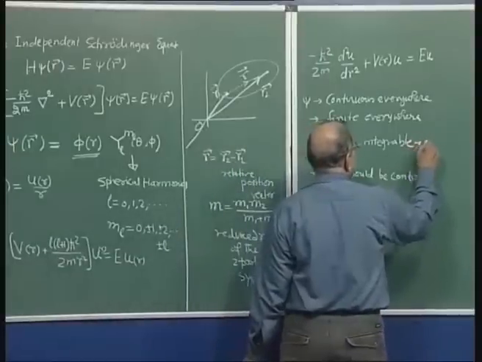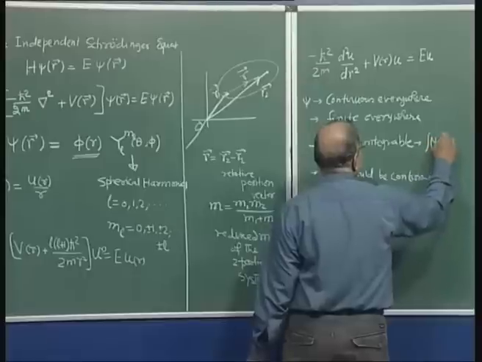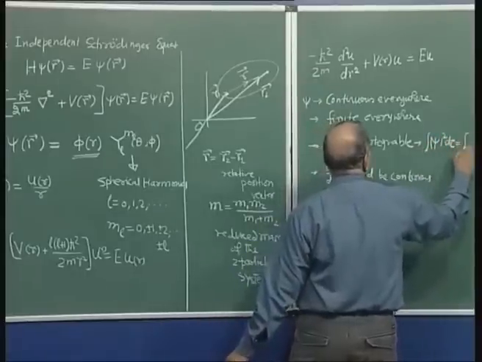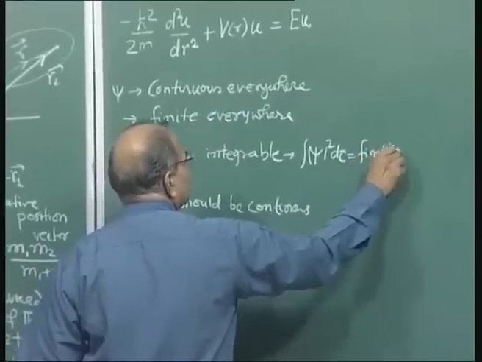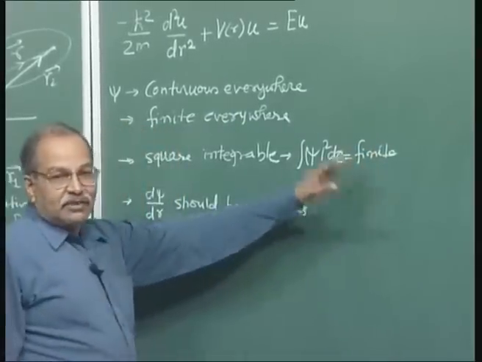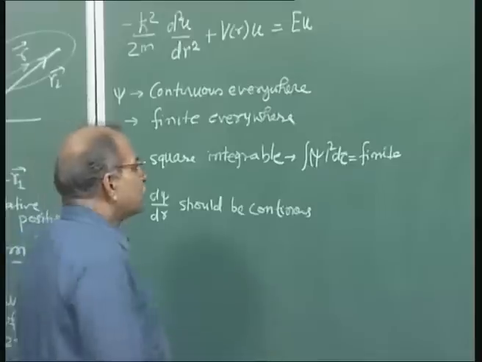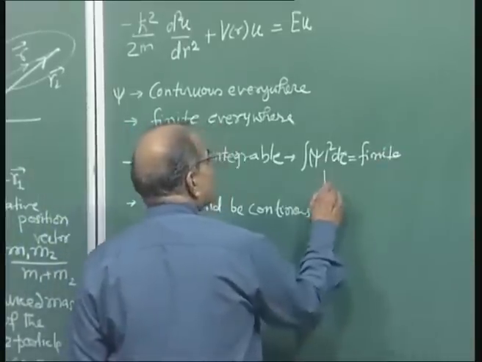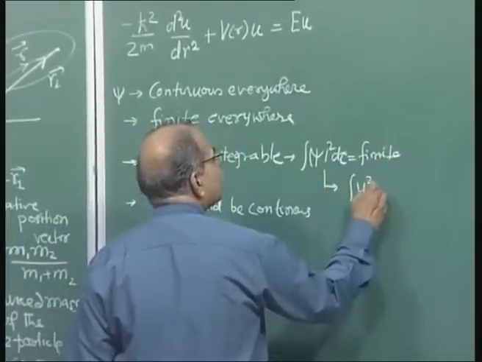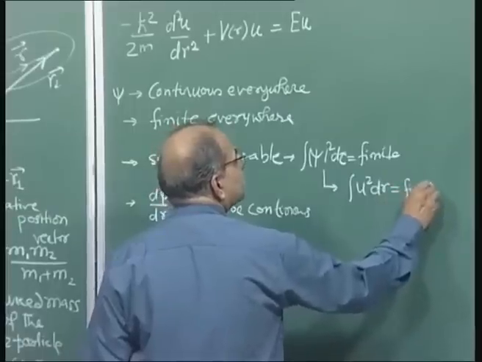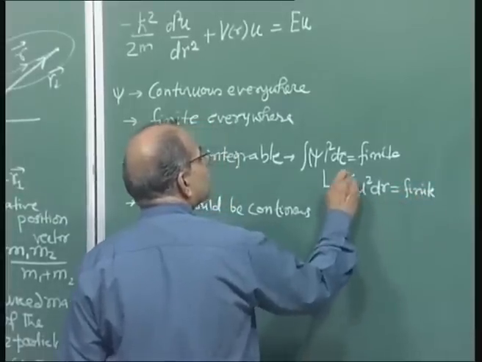So, these are the conditions. Square integrable means that psi square and the volume element, integrated over the entire space, should be finite. We normalize it to make it 1, but it should be finite, only then you can normalize. Now, in terms of u, this will become u square dr equal to finite, r going from 0 to infinity.